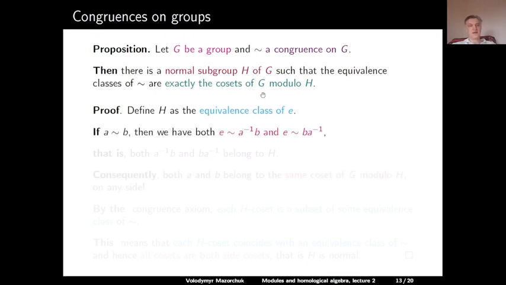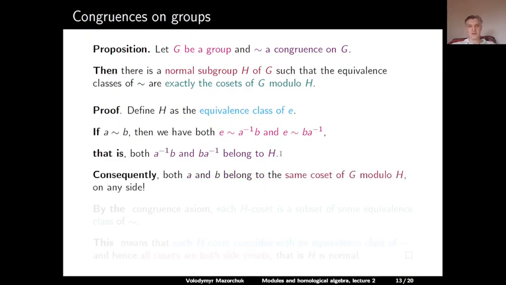If A is equivalent to B, then by multiplying by A inverse on the left, we get that the identity is equivalent to A inverse B, and on the right, we get that the identity is equivalent to B A inverse. In other words, A inverse B and B A inverse belong to H, which means that both A and B belong to the same coset of G modulo H on any side.